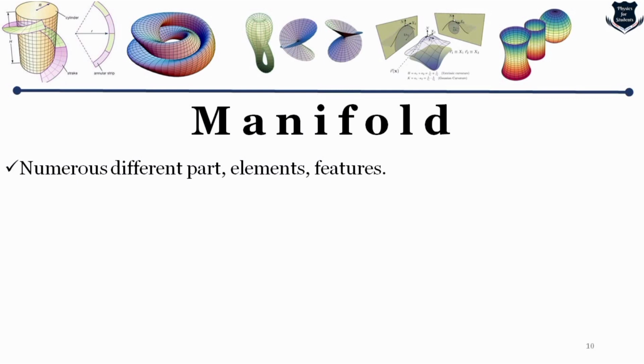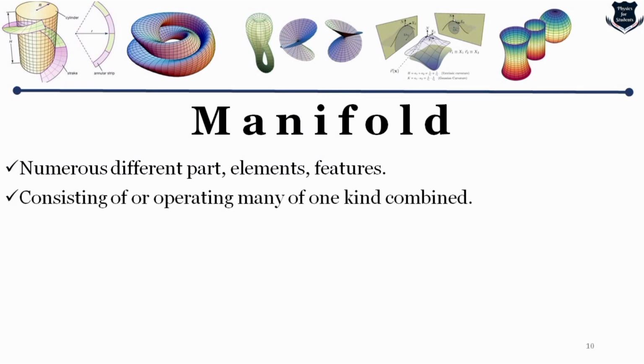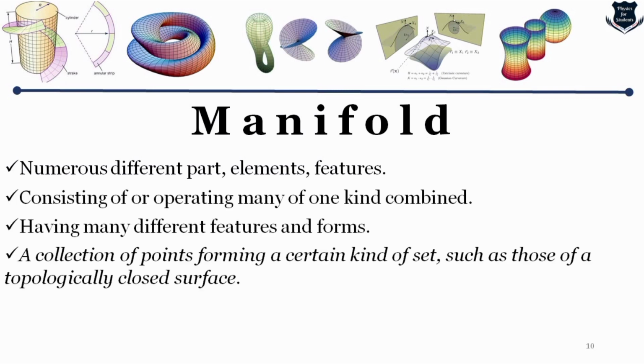So it deals with numerous different parts of elements and features, consisting or operating of many of one kind combined, having many different features and forms, and a collection of points forming a certain kind of set, such as those of a topologically closed surface. The fourth definition is a little bit of a mathematical one, although it is not truly mathematical, but just to give you an idea.